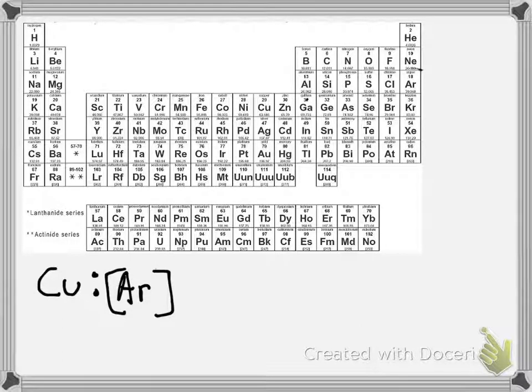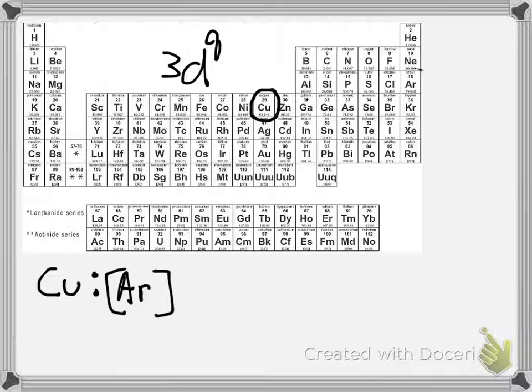You can see right here that copper ends with 3d9, which is interesting because, like we said before, transition metals like to be either half full of their orbitals or completely full.